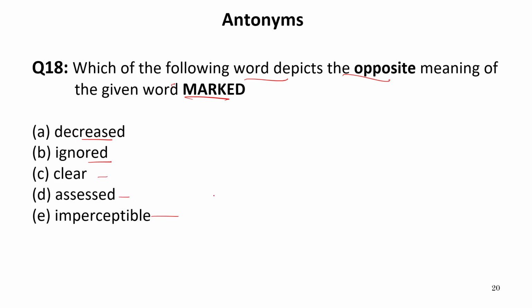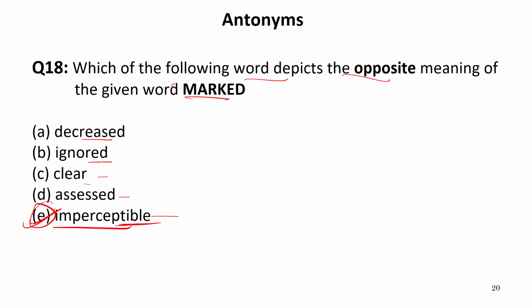assessed, and imperceptible. Well, the actual antonym of this particular will be imperceptible. So this is the closest antonym of this particular word. Now ignored, cleared, these two words can also be the antonym of this particular word, but these are not the closest opposites.